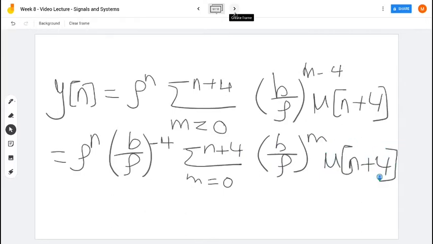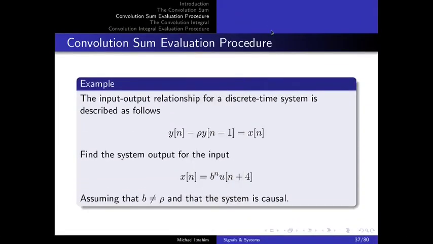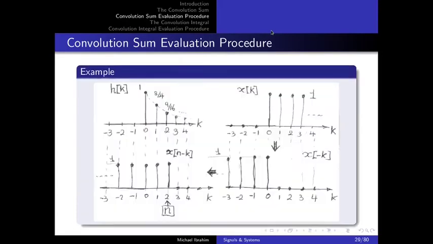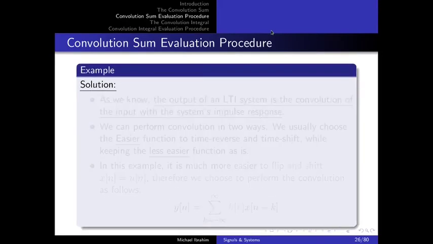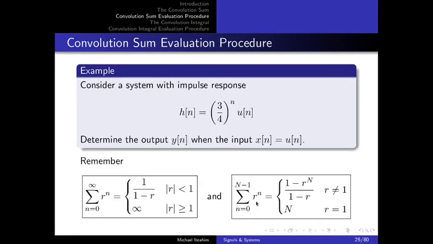And this summation is similar to one of the summations we have discussed in the previous lecture. Let's go back to the slides. Over here we have a summation of r to the power n going from 0 to n minus 1, and in our problem r is b over rho.